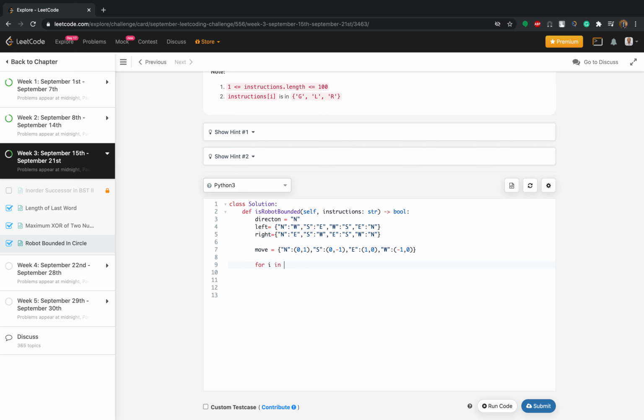These three things are very important to understand to go ahead with this problem. And next is a simple if loop. For i in instructions, if i equals L, then the direction would be the left of direction.